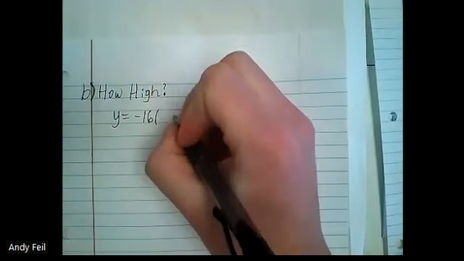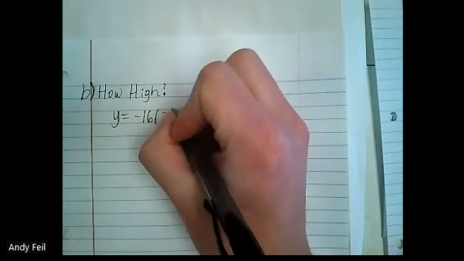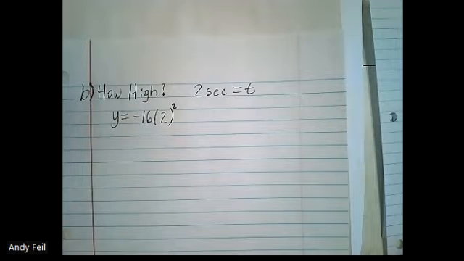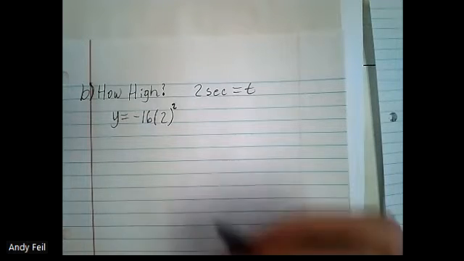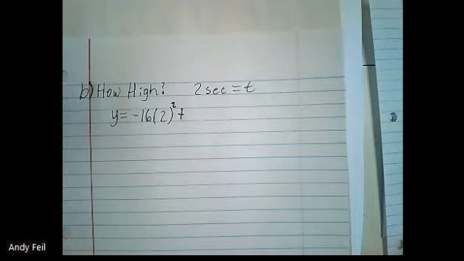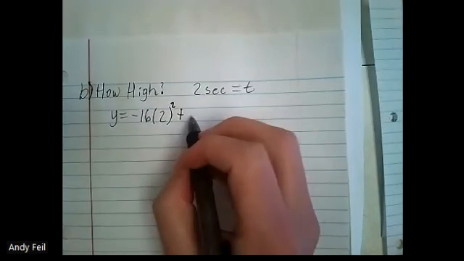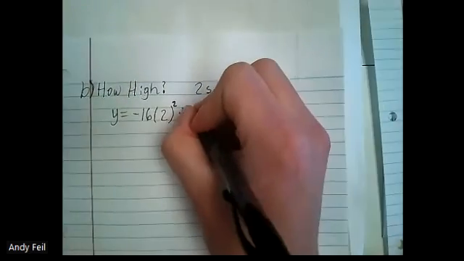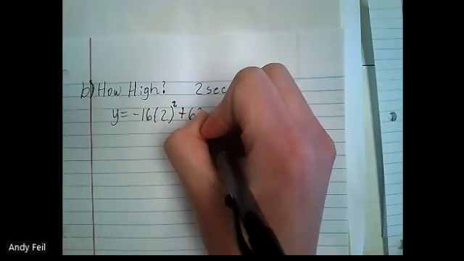And what do we plug in for T? 2, because we're trying to figure out at 2 seconds, the peak, right? Now, plus, and initial velocity was in what? Feet per second, right? Because we want to keep it in there. We don't want to change that because it's already in feet per second. So we want to keep it that way.